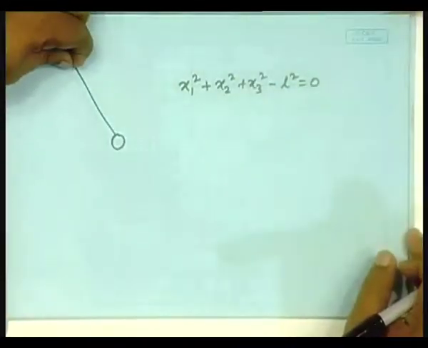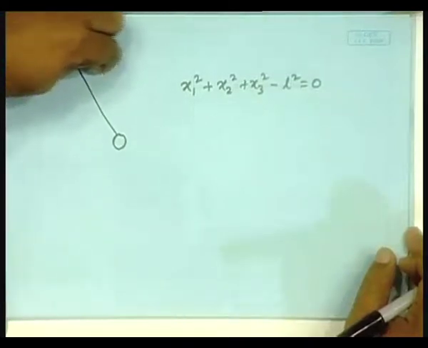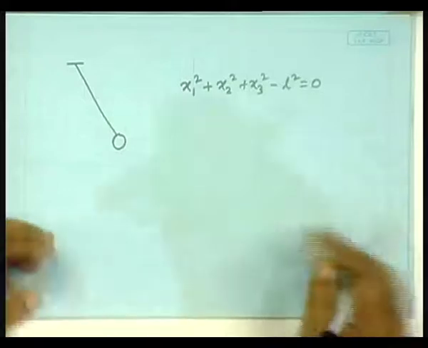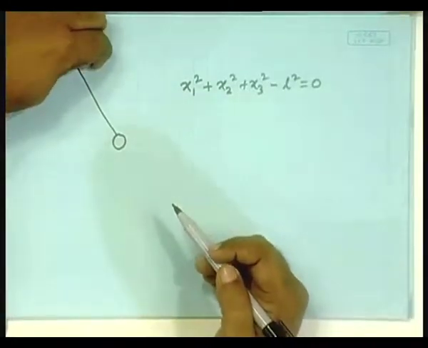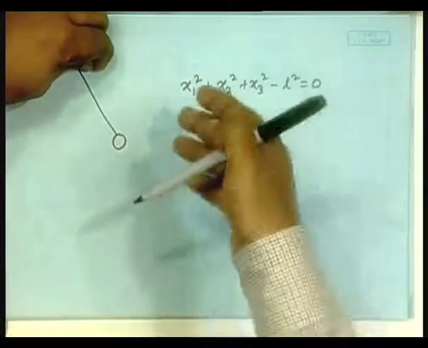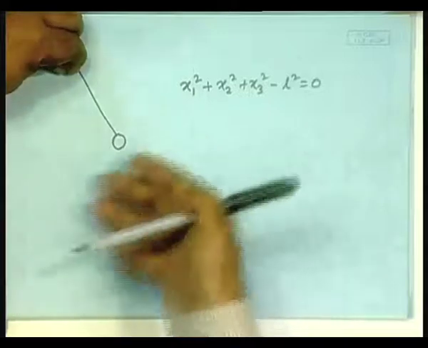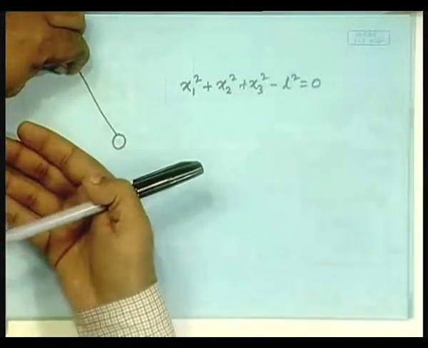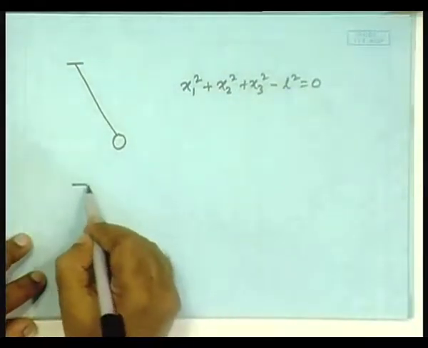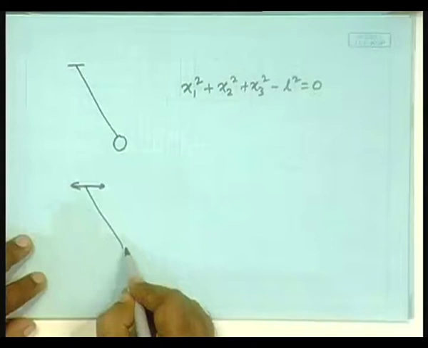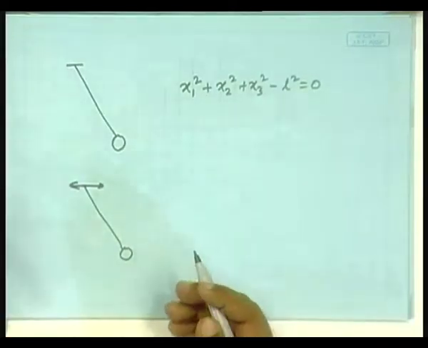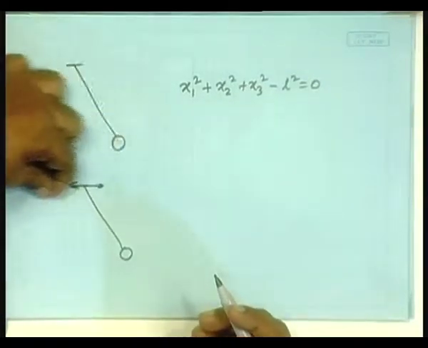Now, suppose this point is moved as a function of time, then what? Then also at every position, supposing it is here, from that position it will be a surface of a sphere. Again it moves here, and from that position it will be a surface of a sphere. So, essentially if it is moved like this, then also it is a constraint, but how can we express that? This is the x direction, suppose.